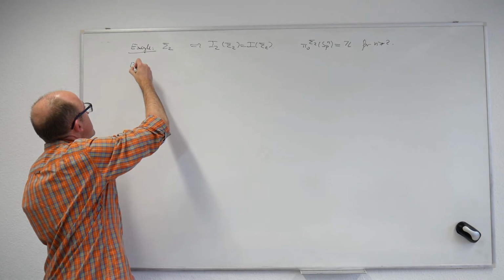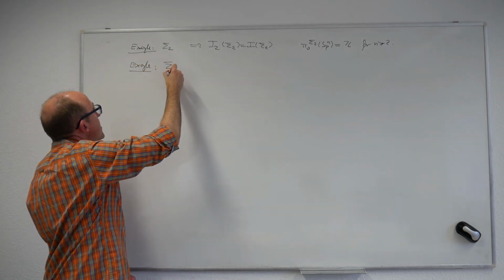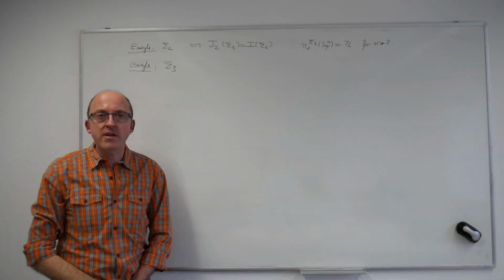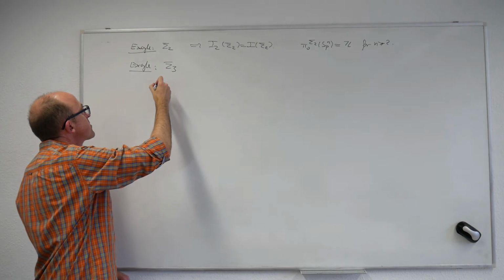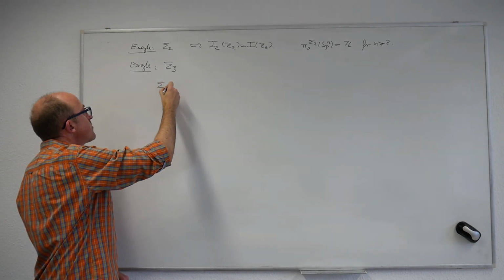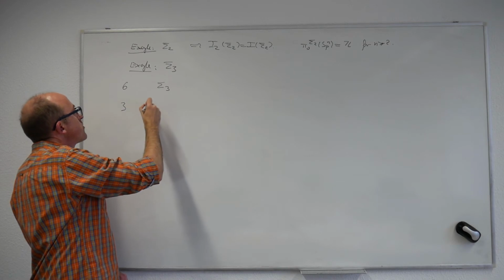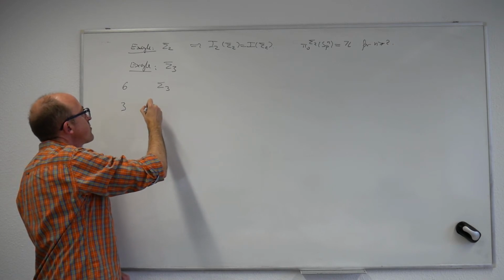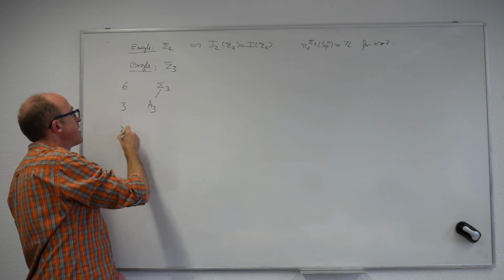So let's look at the next larger example, the symmetric group on 3 letters, which is also the smallest finite group that is not a P group for some prime P. So here's the subgroup structure. There's the big group sigma 3, which is 6 elements. Then we have the group with 3 elements, which could be called the alternating group, or it's also a cyclic group with 3 elements.